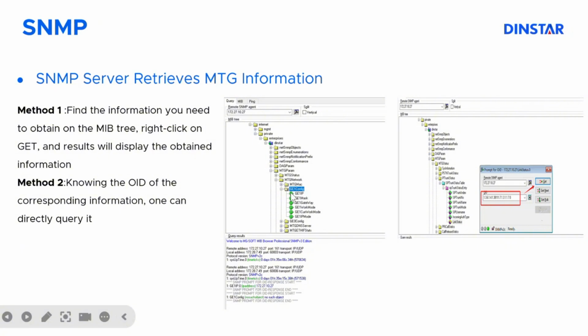We can click these options, these parameters, to get their values, and also we can query directly by OID. Also, you can use Linux systems. If you get the OID of the MTG, you can search the information. Like we can use SNMP walk to query OIDs and SNMP get to get specific values.